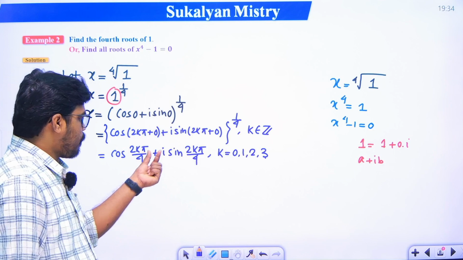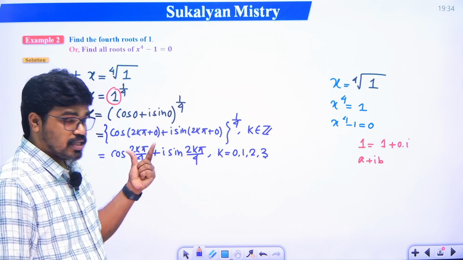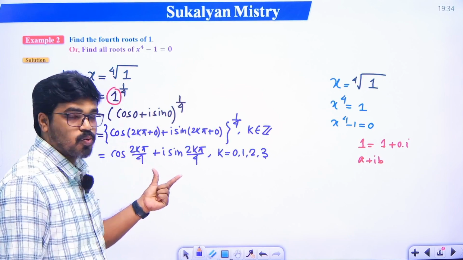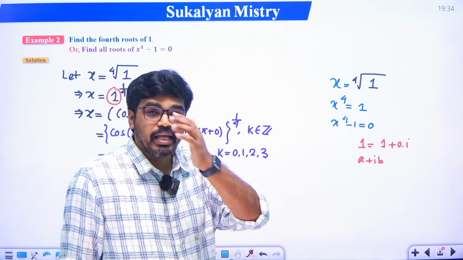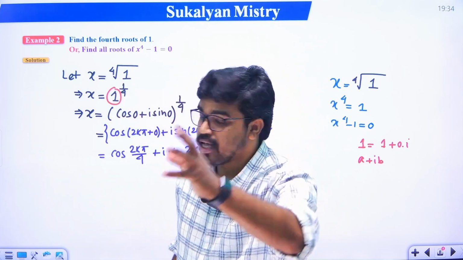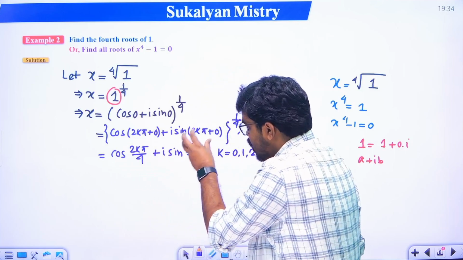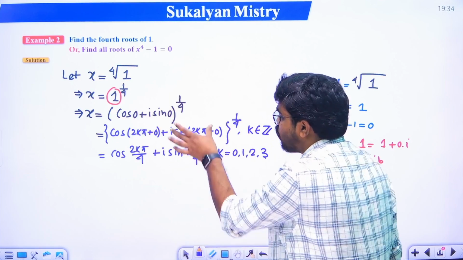Cos n theta plus i sin n theta. This is one of the values of (cos theta plus i sin theta) whole to the power n when n is a proper fraction. When n is a fraction, then cos n theta plus i sin n theta is one of the values.